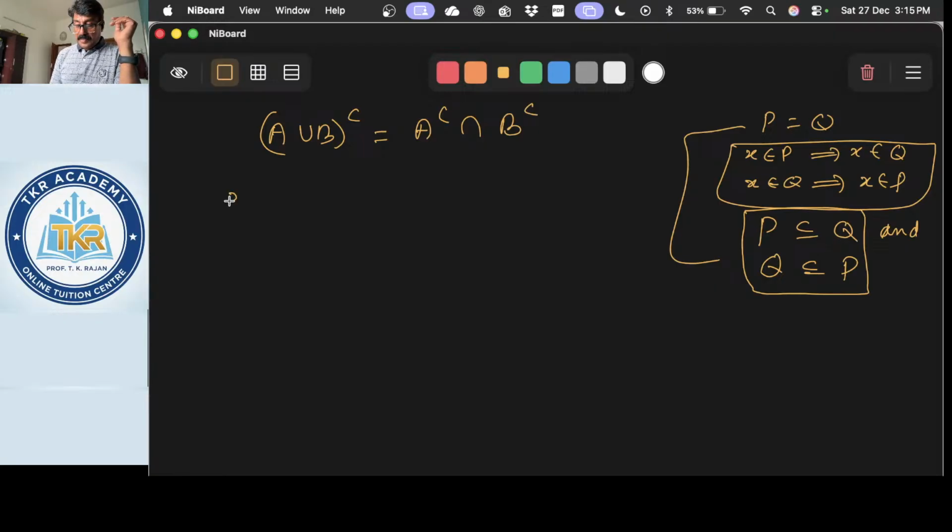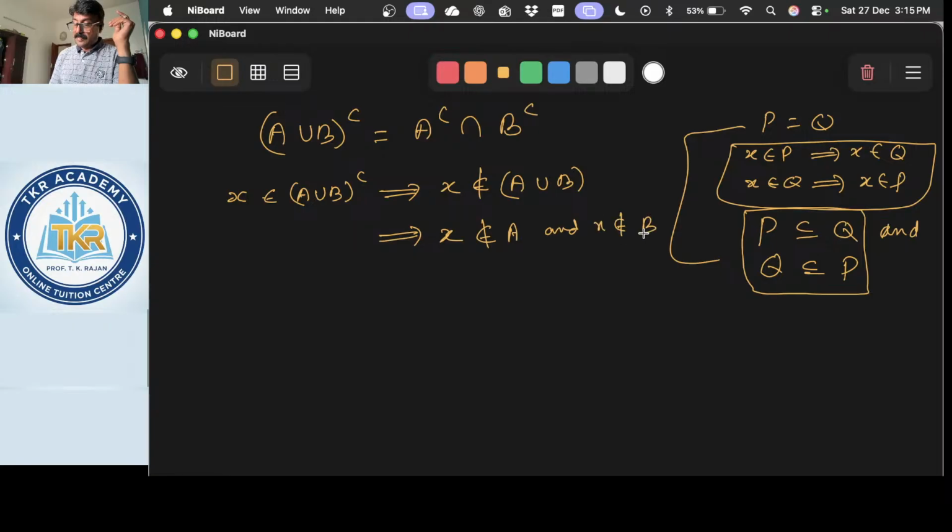So you take any X in (A union B) complement, which implies X is not in A union B. This implies X is not in A and X is not in B, which implies X is in A complement and X is in B complement.